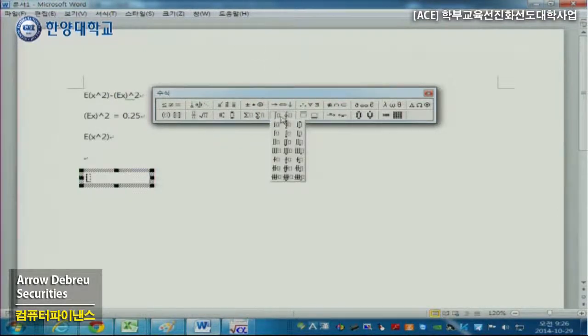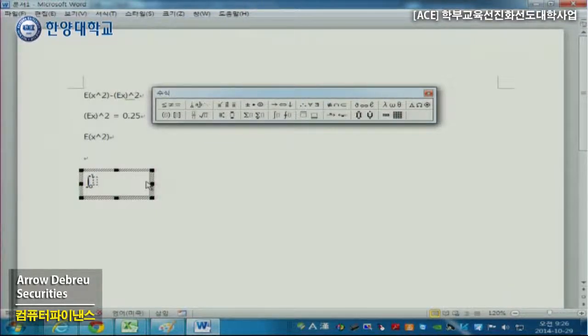We have to do the integration from minus infinity to plus infinity. But from minus infinity to 0 the probability density function is 0, and from 1 to plus infinity it is also 0. So we only need to integrate between 0 and 1.